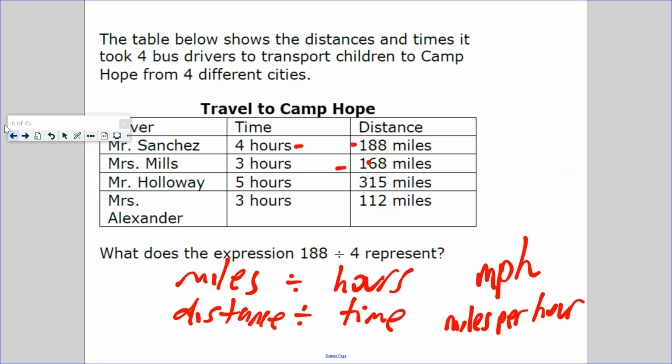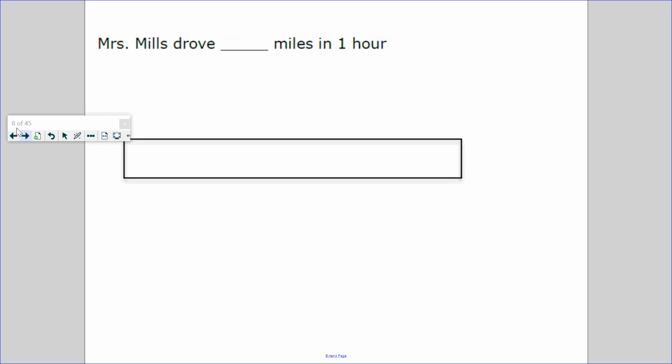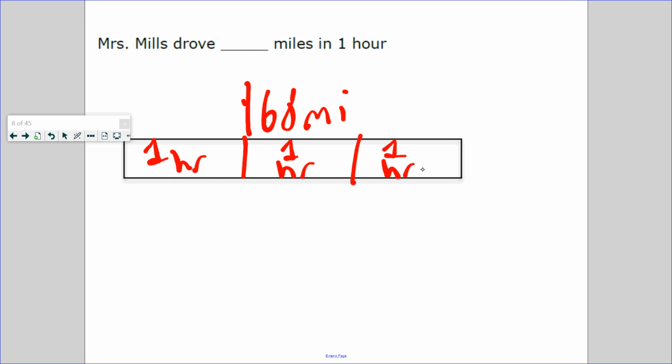Mrs. Mill drove 168 miles in 3 hours. 1 hour, 1 hour, and 1 hour. So we need to split this up into 3. We need to find out how many miles go in each hour.